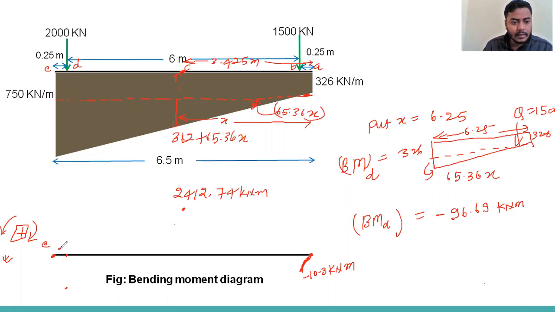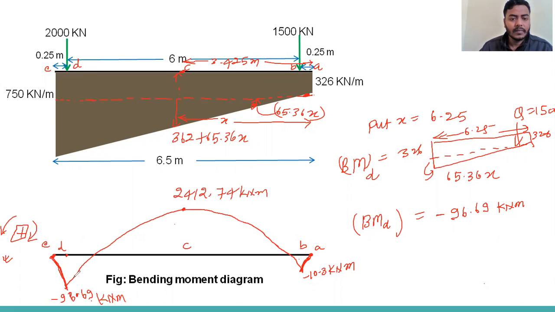So this is E, this is D. This is point C, this is A, this is B. Here we get 96.69 kilonewton meter. So now, looking at the curvature, you can check.